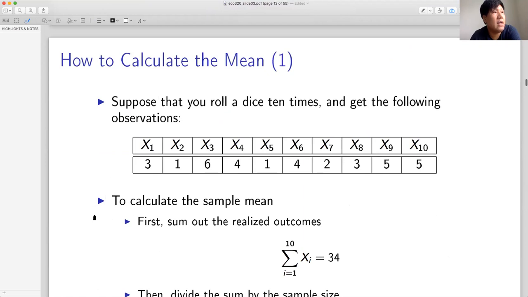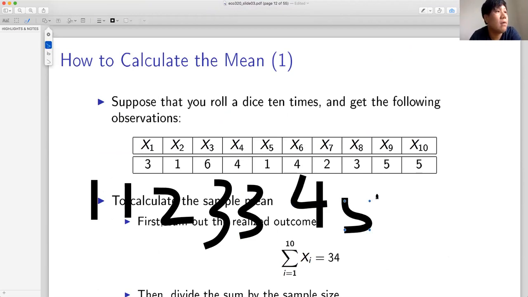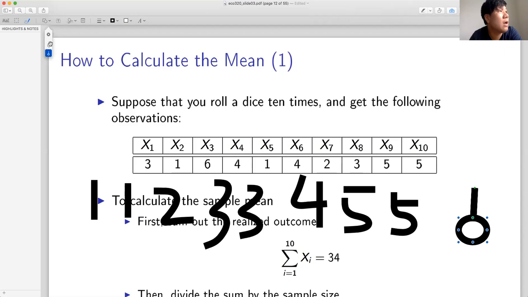If you write it in ascending order it is 1, 1, 2, 3, 3, 4, 5, 5, 5, 5, 6. Is it right? So how many? 2, 4, 6, 8, 9. Did I miss something? 1, 1, 2, 3, 3, 4. Oh, another 4 over here. Okay. So we have a total of them.